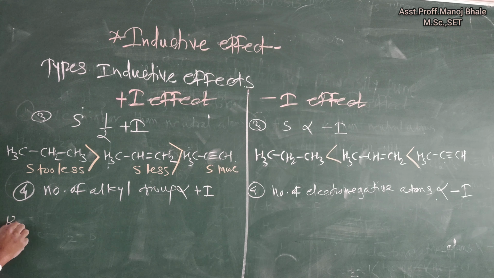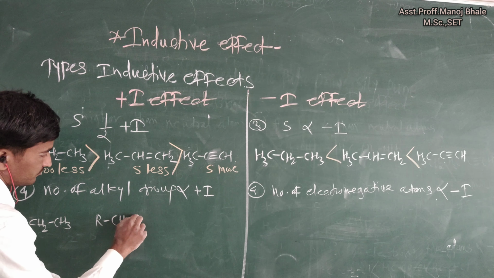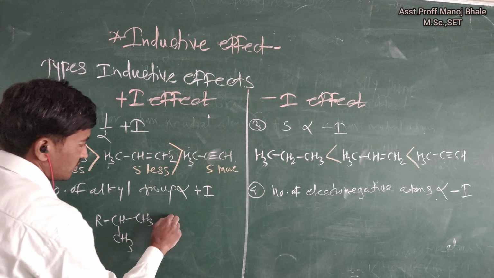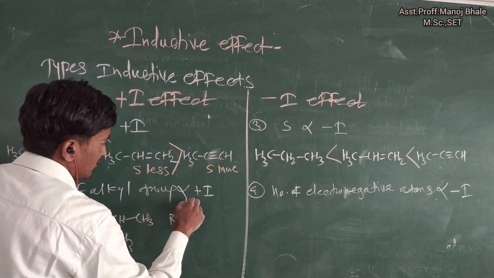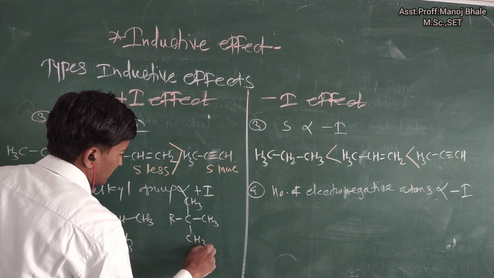In the first example, R CH2 CH3, there is one alkyl group. The second example, R CH with CH3 and CH3, has two alkyl groups. And the third example is C with CH3, CH3 and CH3.